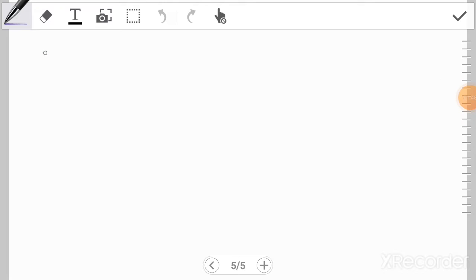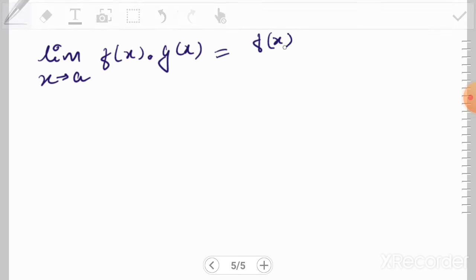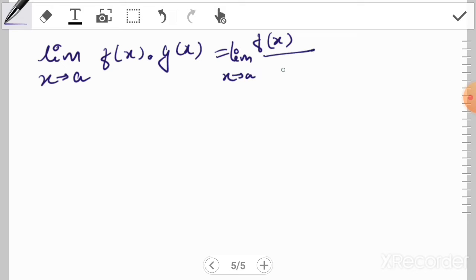So we can say, if the limit as x tends to a of f(x) times g(x) is in the form 0 into infinity, what you can do is write this as the limit as x tends to a of f(x) by 1 by g(x), okay. So now this is in the form 0 by 0.